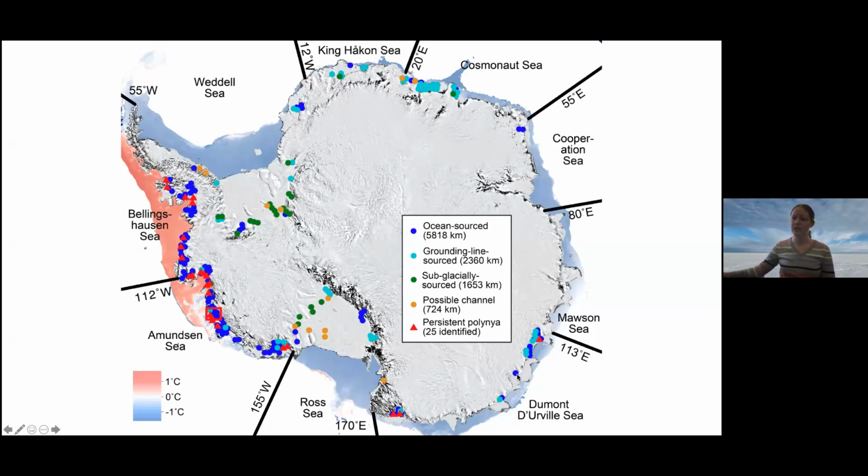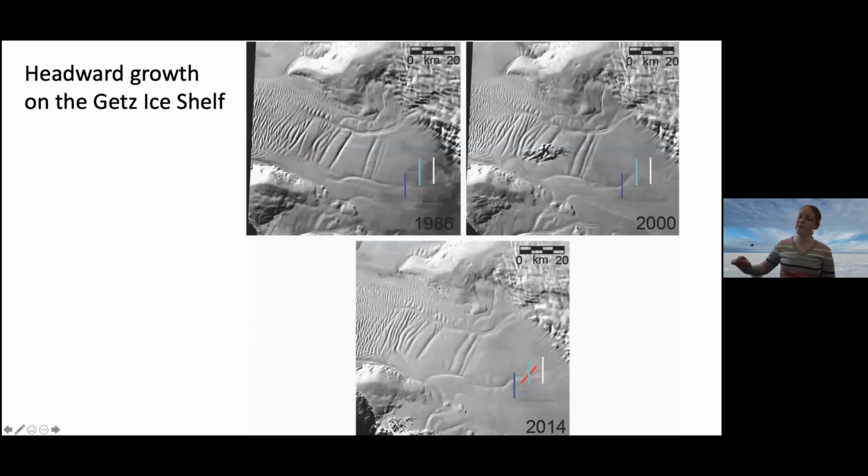And what we're going to do now is go to the Getz ice shelf, which is here in the Amundsen Sea, just kind of around the corner from Thwaites and Dotson. And this is a series of Landsat images on that Getz ice shelf showing one of the types of change that we see, which is headward growth. So again, to orient you here, we've got bumpy stuff on the right, that's grounded ice.